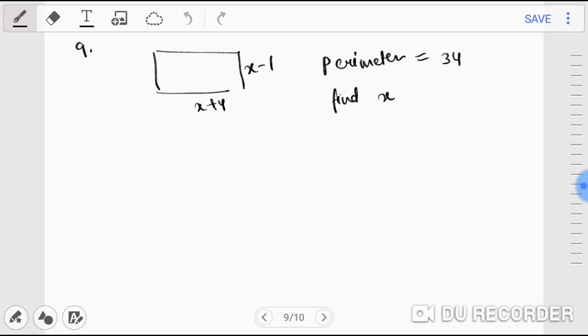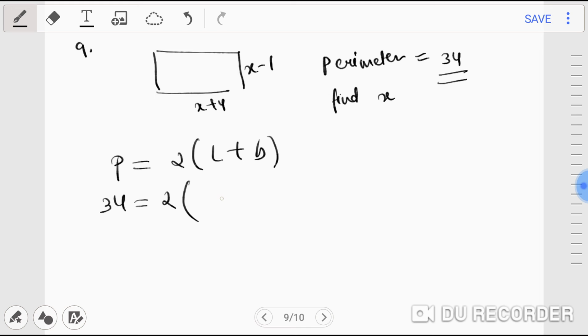Problem number 9 says perimeter is given as 34 and you have length and breadth as x plus 4 and x minus 1. Now the perimeter of a rectangle is 2 into l plus b. Perimeter is given as 34. What is the length here? It is x plus 4. What is the breadth here? x minus 1. So can we take this 2 here? 34 divided by 2 will be 17.